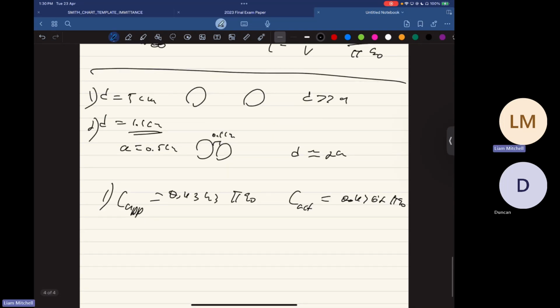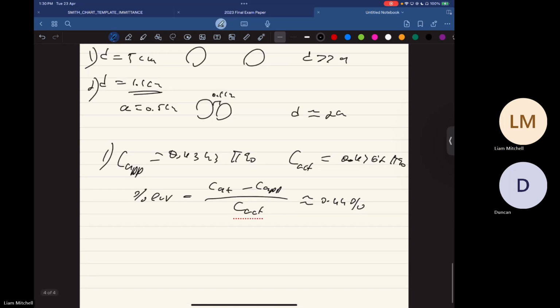The percentage error is C actual minus C approximate over C actual, which is roughly 0.44%.